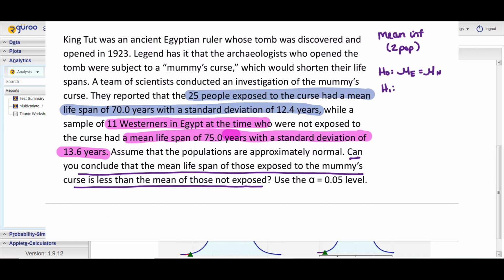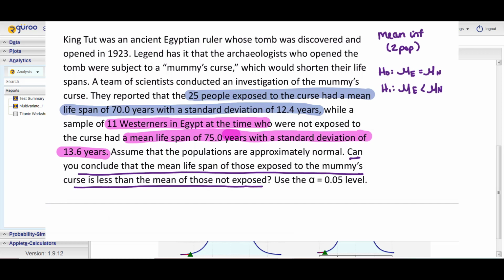I'm going to use E for exposed, N for not exposed. And so what we're trying to say is, can you conclude that the mean lifespan of those exposed to the mummy is less than those not exposed to the mummy? So we do less than there.